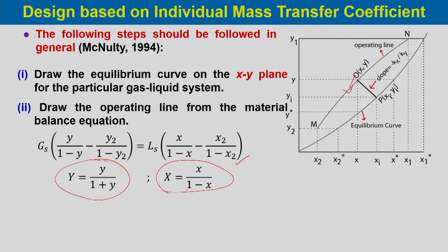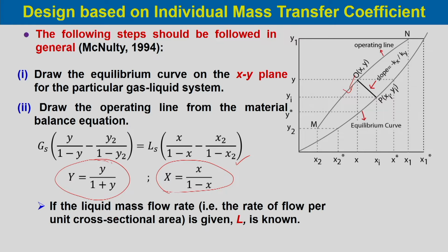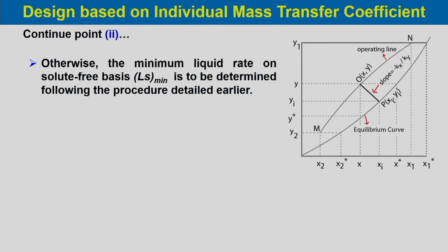This is the relation. If the liquid mass flow rate, that is the rate of flow per unit cross sectional area, is given as L and is known, in that case the minimum liquid rate on the solute free basis, L min, is to be determined following the procedure detailed earlier.